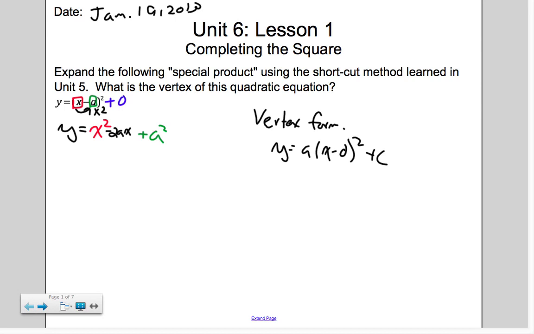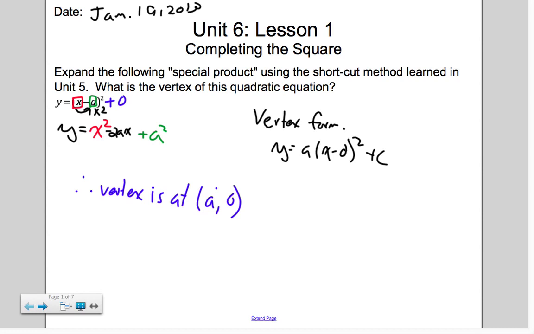So as Jordan said, therefore the vertex is at b, 0. Oh, sorry, a, 0. Thank you. A, 0.